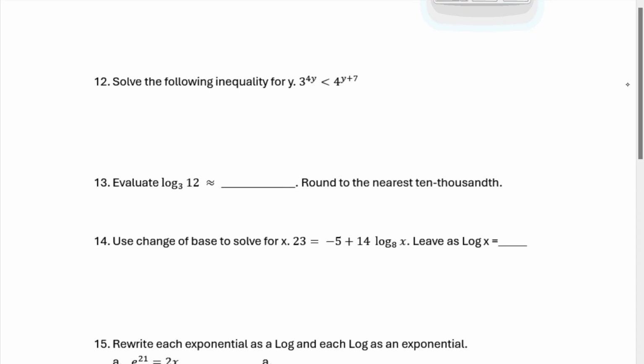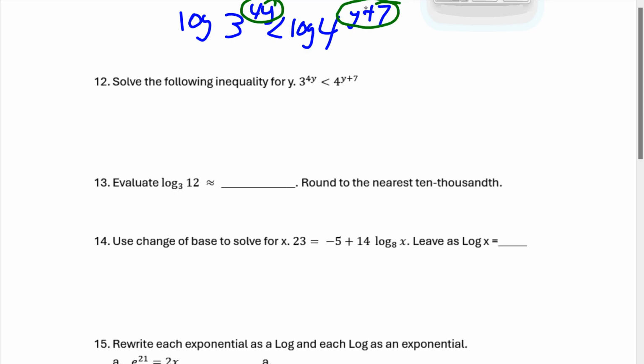Second part of the quiz, same type of thing here. I just have an inequality, right? So I'm going to take log of both sides or ln of both sides. It really actually doesn't matter. Now this one I do have, my 4's are going to look like y's. I apologize, but just the way it is. Okay, so I take the log of both sides. Now, because my exponents have 2 y's in them, it's a lot more work, and this one has 2 terms.